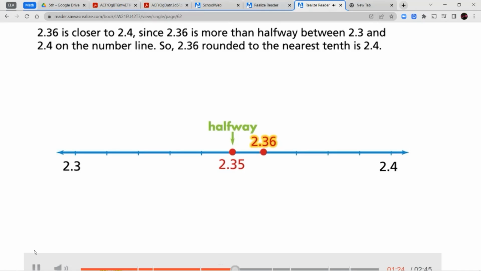So 2 and 36 hundredths rounded to the nearest tenth is 2 4/10.